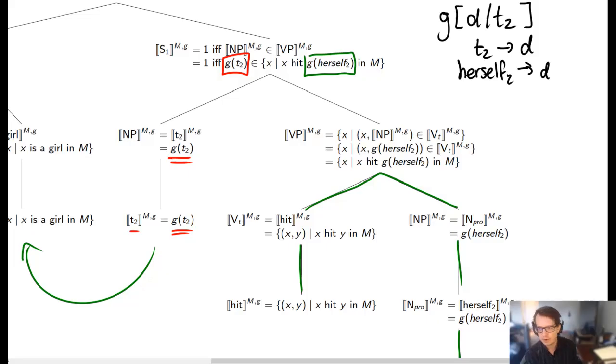So what's going to happen with our translation at the end is it's going to say this will be true if d is in this set of x such that x hit d in M. So if d hits herself, if d hits d. So both of those things will be bound by the same variable. So that is what is going to happen in our final step.